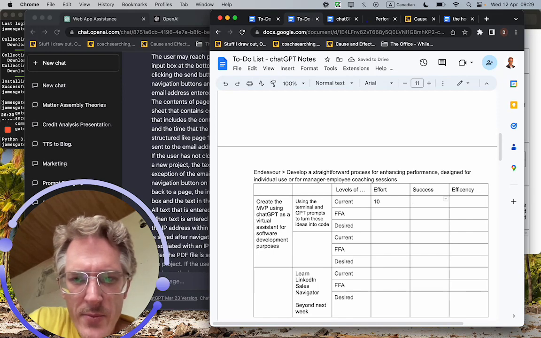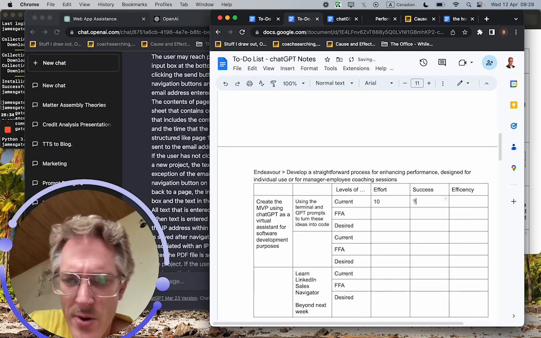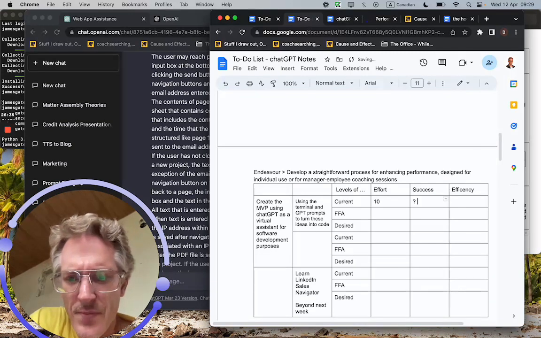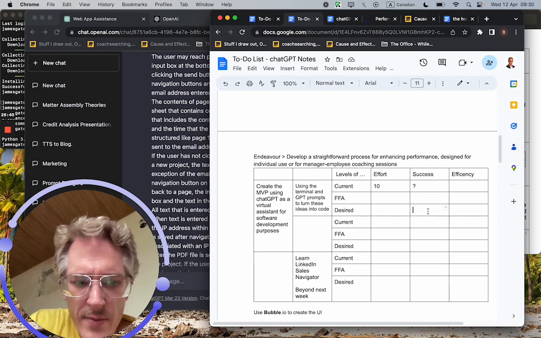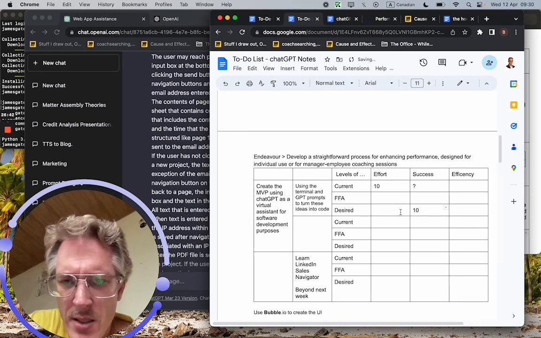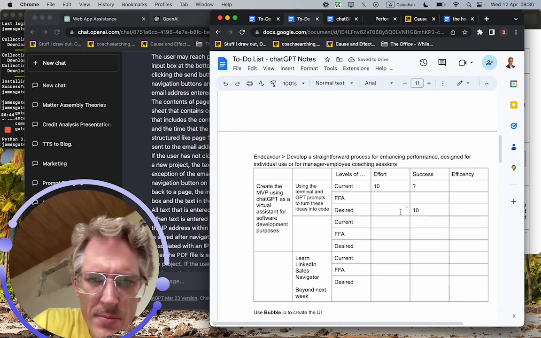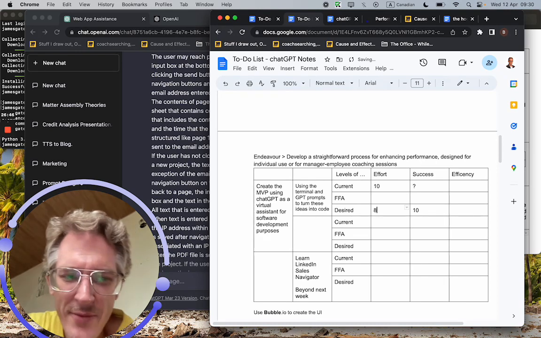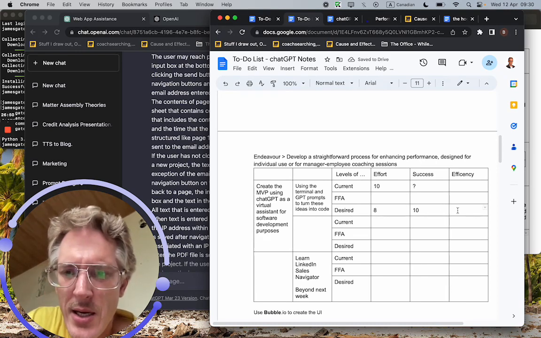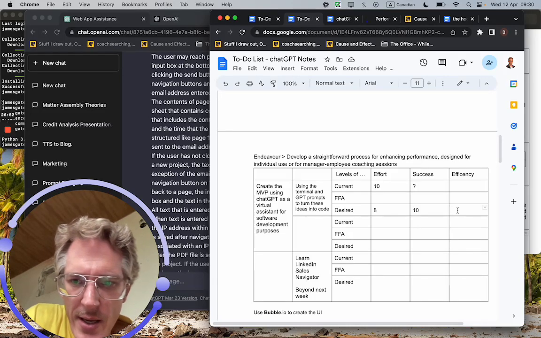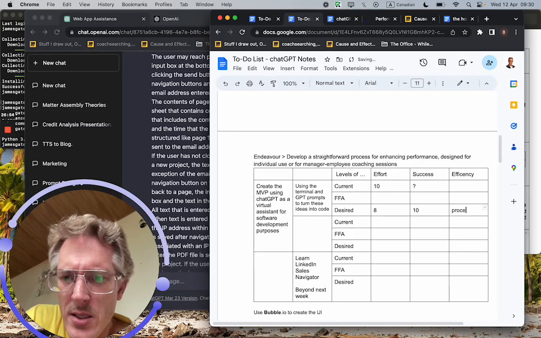Success, like, we don't know. We don't know how difficult. This is the unknown. But if we talk about desired, obviously I want to get it done today. And it would be nice to not have to put in so much effort and still achieve that level of success. And in order to do that, I would need to follow a process.